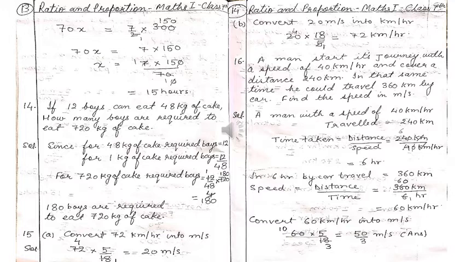Now, because the question asks for the speed in meter per second, you have to convert kilometer per hour into meter per second, and that is 60 into 5 upon 18, and the answer is 50 upon 3, or in mixed form, 16 2 by 3 meter per second.